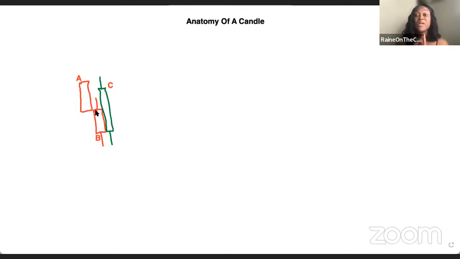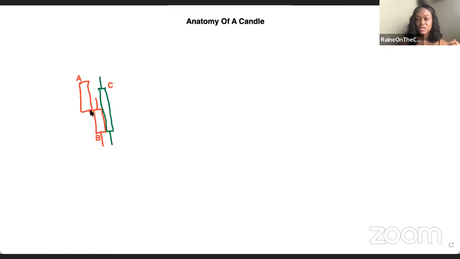It's always going to be the body, guys. It's not going to be the wick. The body is where it opens, the body is where it closes. The wick just tells a story of where price has been. So the opening for this candle B is going to be right here at the top of the body.